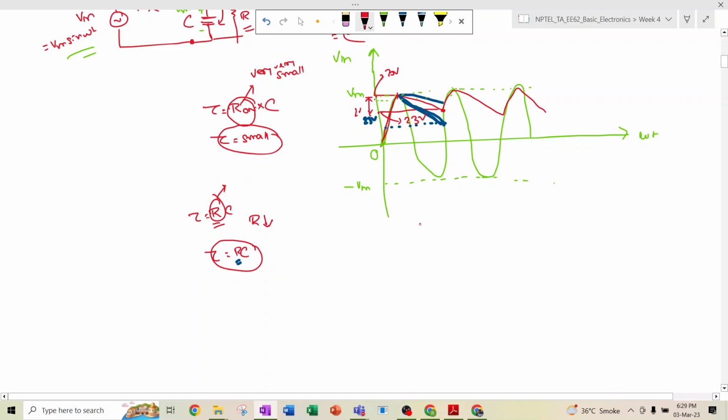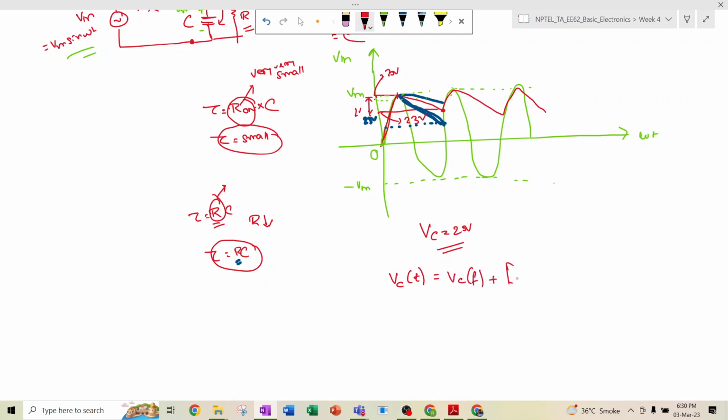The capacitor initially charges to 25 volt, and as I have already discussed, the capacitor voltage at any instant of time is nothing but the final value plus initial value minus final value, into e to the power minus t by tau, right? Where tau is nothing but the time constant, as I have already discussed in the earlier lectures.